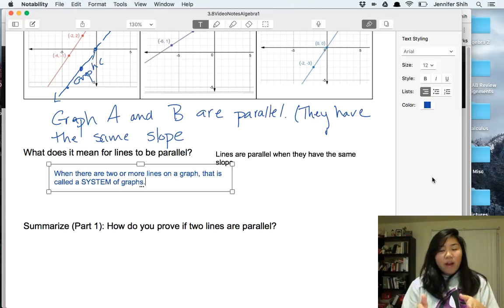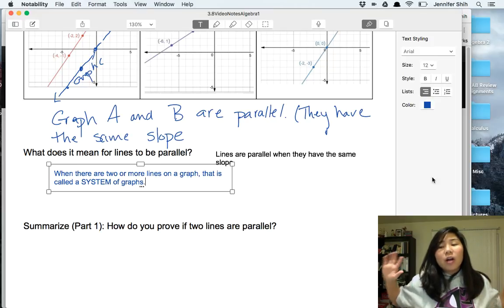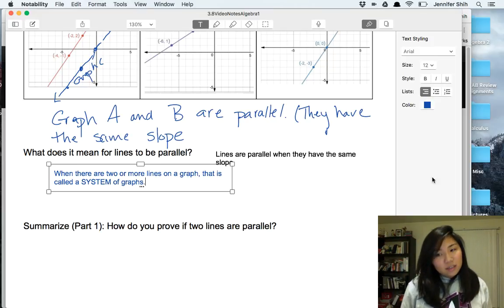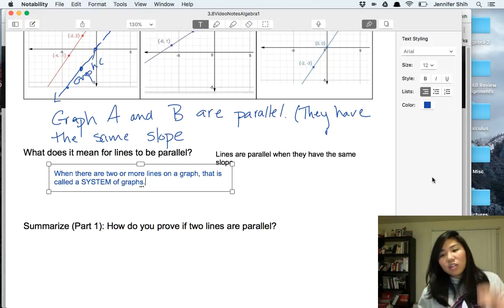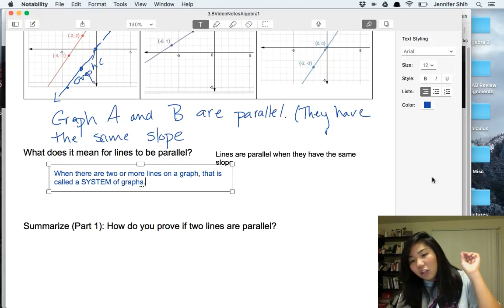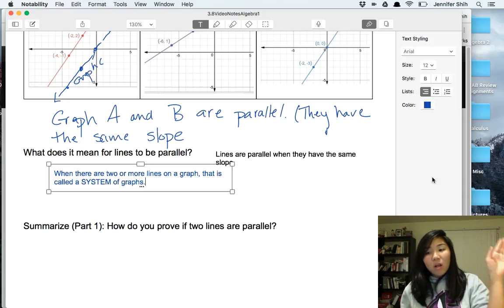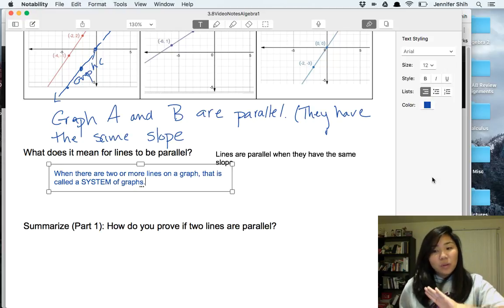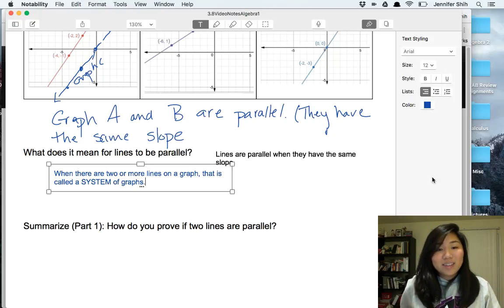Say you have a graph and you just have lots of lines on it. All those lines are part of a linear system. Each line has a name. Each line has an equation, but they're all on one coordinate plane. So thus they're all in one system.